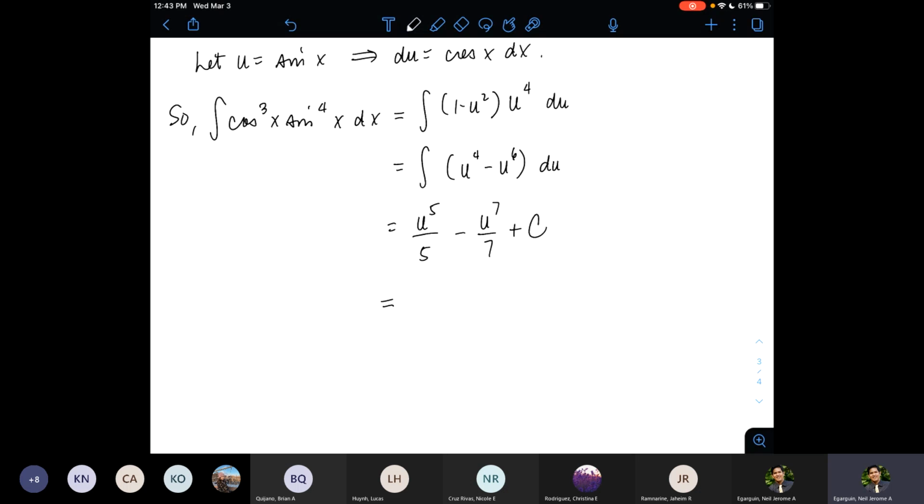Remember, we let u be equal to sine x, so this would be sine to the 5th x over 5 minus sine to the 7th x over 7 plus the arbitrary constant c. All right. Is that okay?